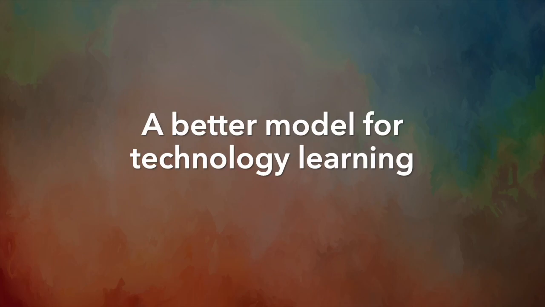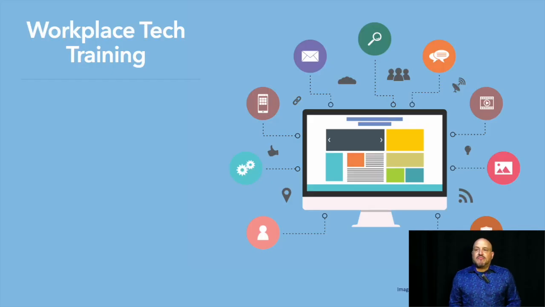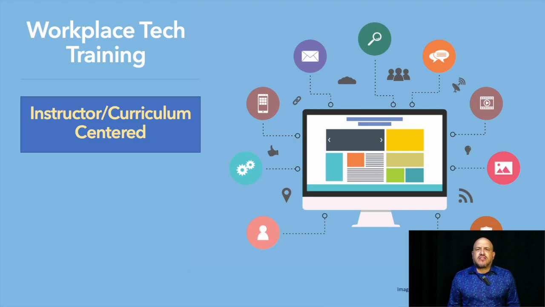So we think that there's a better model for technology learning because our current models in the workplace are very much instructor and curriculum centered. This is where we find someone who knows the system well. We develop a training program with 10, 15, 30, 40 learning points that we have to get out.